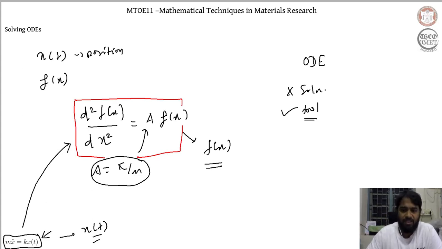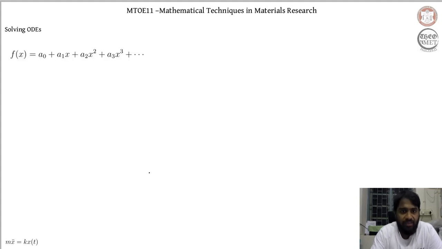Now, this being our solution that we are interested in, we want to find the f of x that satisfies this equation here. We begin by assuming that this solution is smooth and can be expressed in this way.